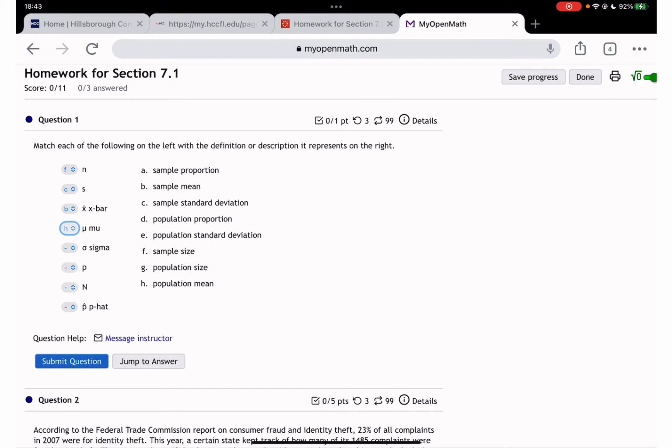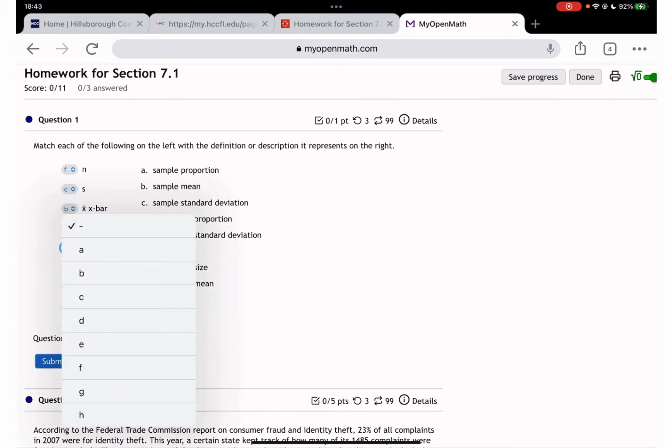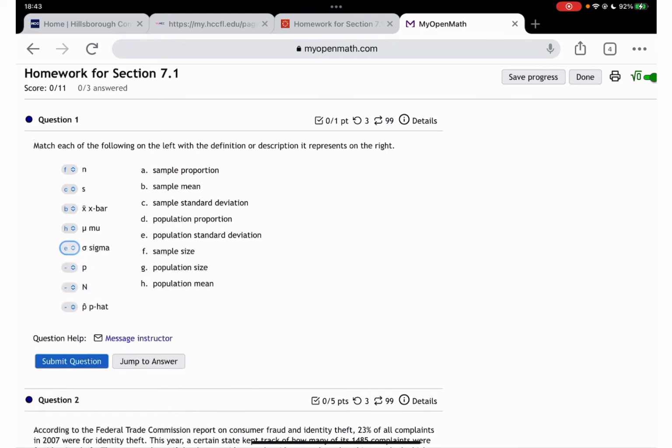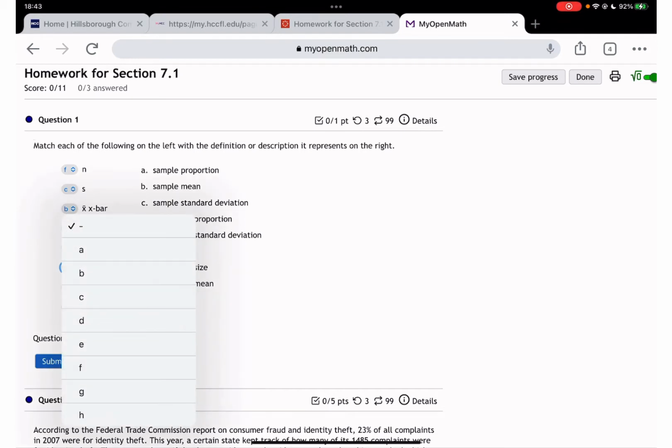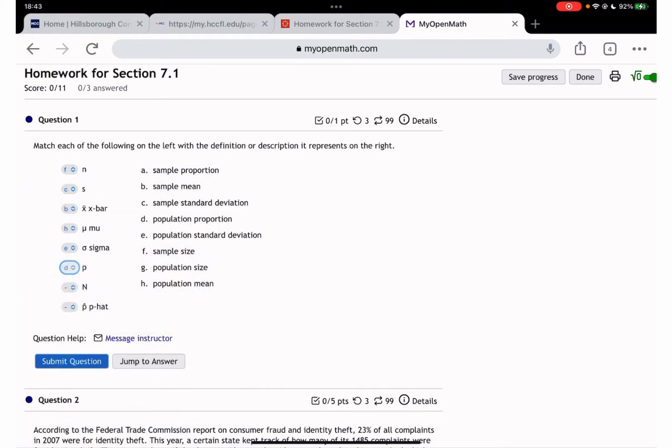Sigma, population standard deviation, that is E. P, that is population proportion. Where is it? D. Uppercase N is a population size.